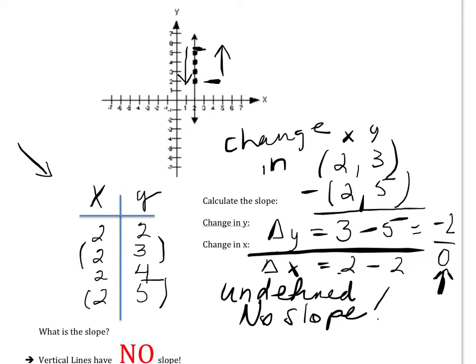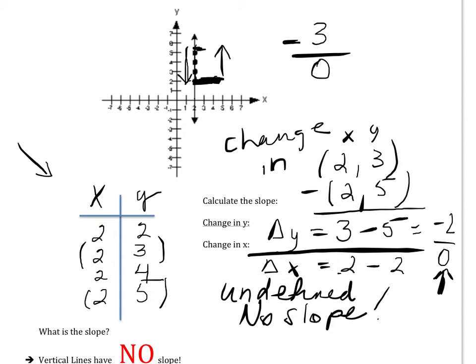My change in y then is a drop, which is negative. I'm at positive 5, down to 2, negative 3. So I drop down to 2, down 3, but there is no change in x over 0.